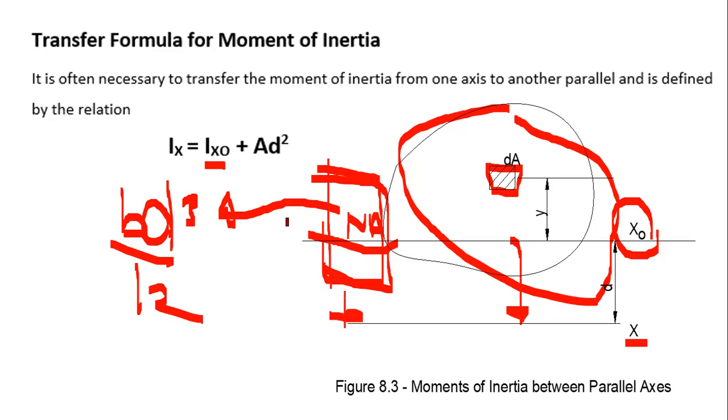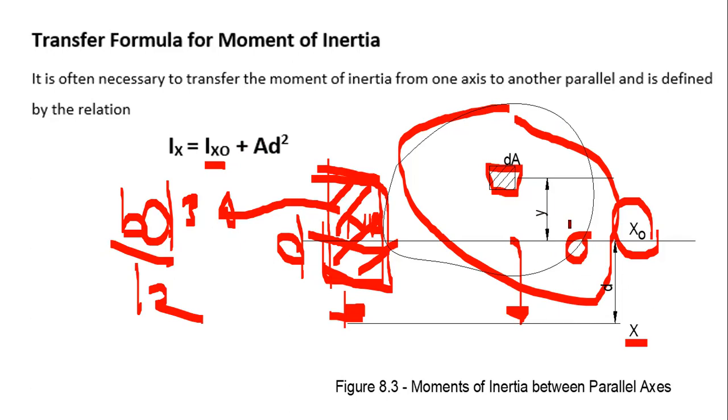If this is B, this is D. Now, we get the area of this rectangle, as we all know. Area of rectangle is just B times D. And then this particular distance from the center of this rectangle, or from the center of this area, going to the X, or to this axis.